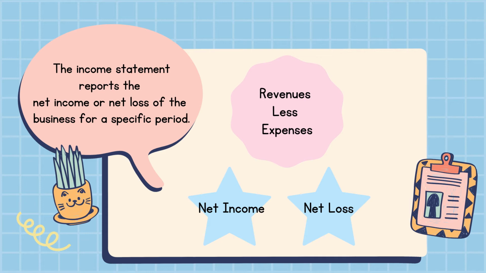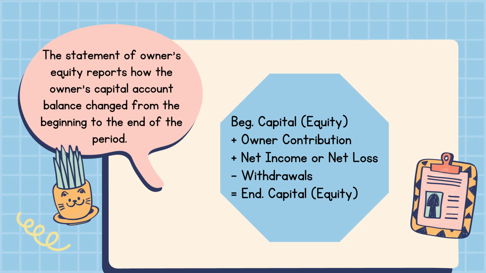Remember, net income means total revenues are greater than total expenses, and net loss means total expenses are greater than total revenues. It's important to remember that the only two types of accounts that are reported on the income statement are revenues and expenses.